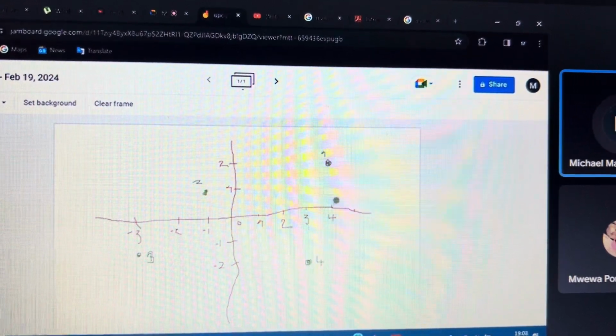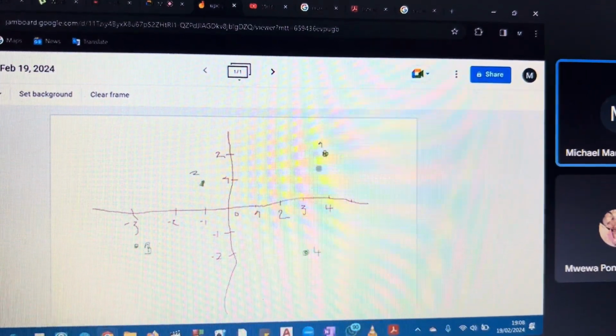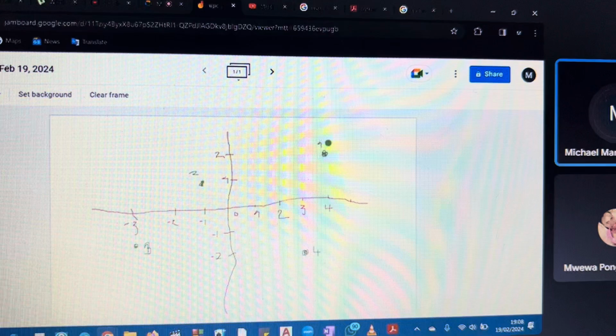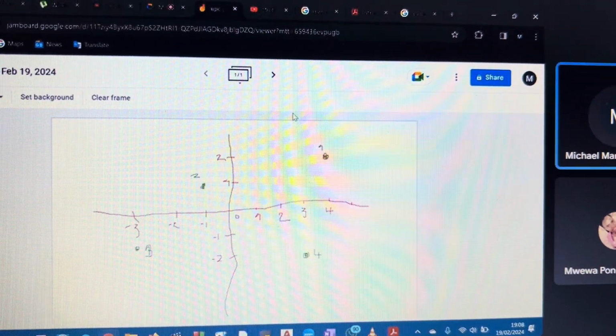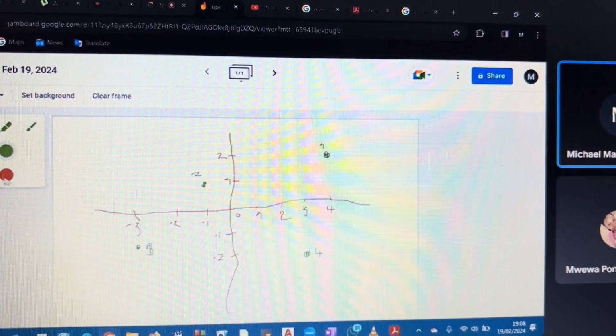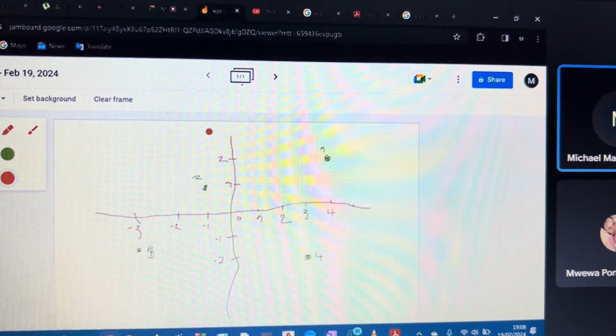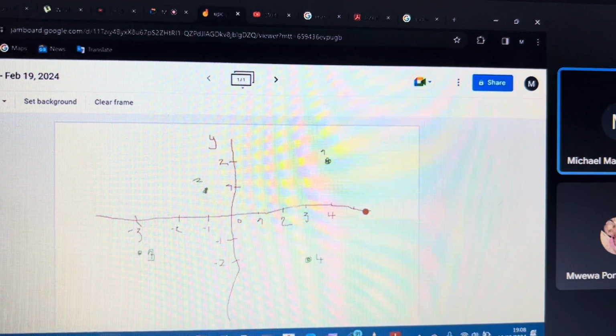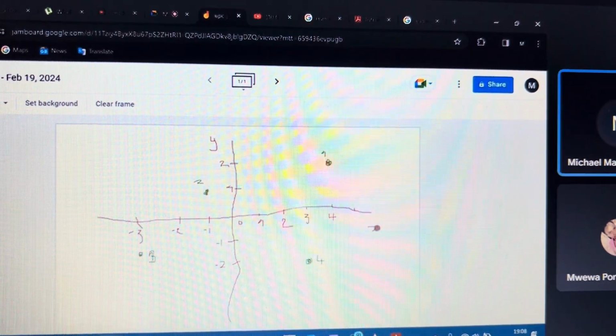So let's say point 1 in this case. How do we describe the position of point 1 in this space that's described by these two axes? So let me just indicate this as the y-axis, and then this as the x-axis.